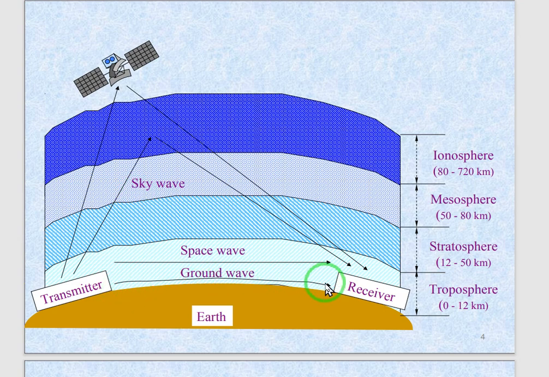In ground wave propagation, the wave or the signal follows the shape of the earth from transmitter to receiver.